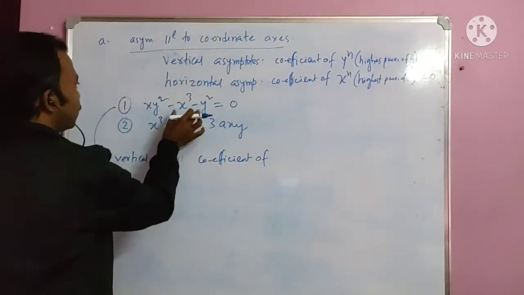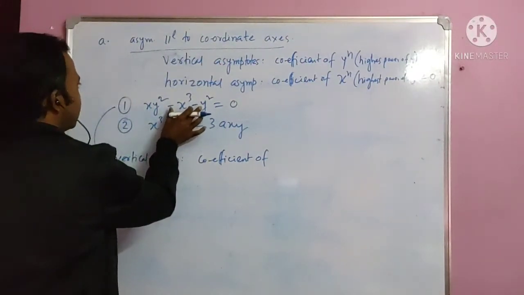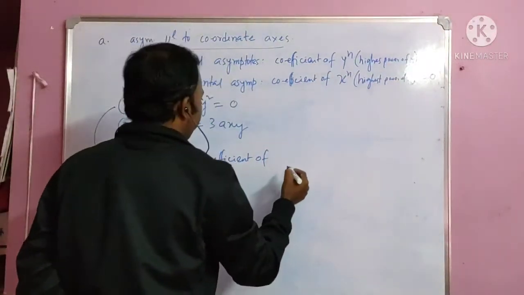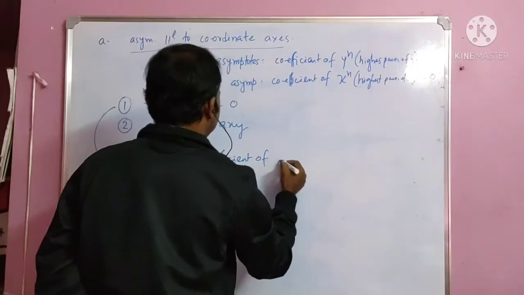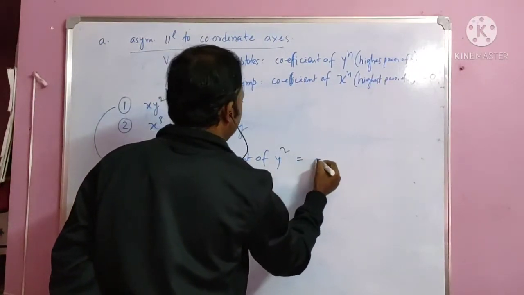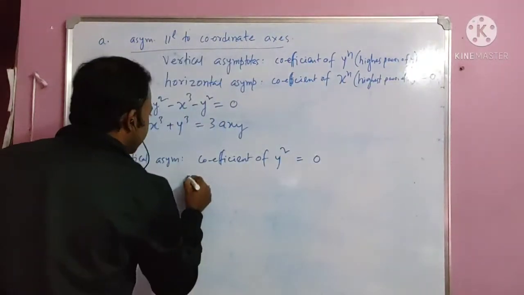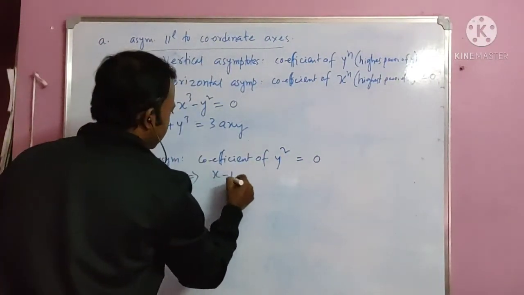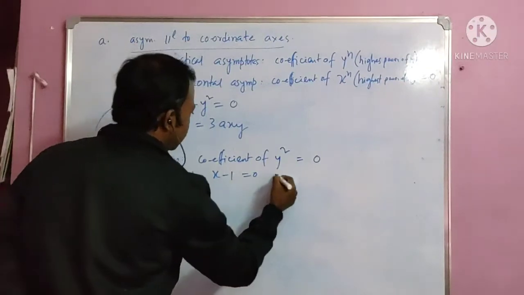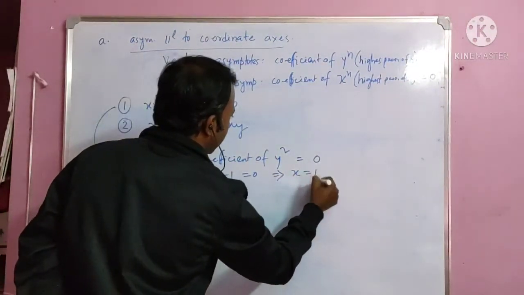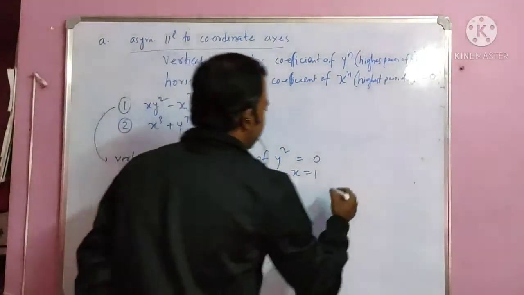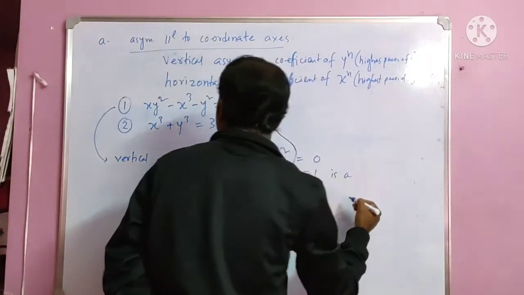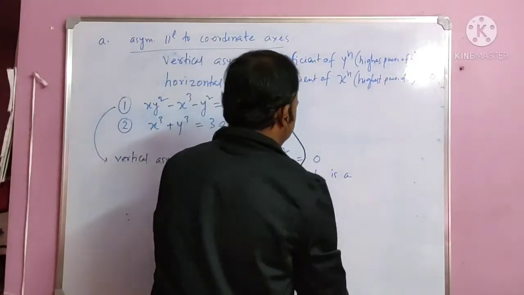What is the highest power of y here? The highest power of y is y square. Coefficient of y square equals 0. This gives coefficient of y square as x minus 1. x minus 1 equals 0. This gives x equals 1. So x equals 1 is the vertical asymptote.